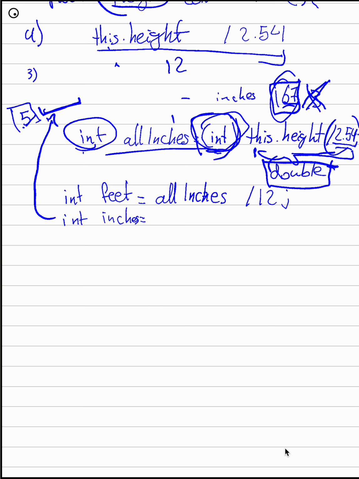Right. So I know that I'm 5 feet and I'm essentially just calculating the remainder of it, which means all I have to do is go back to this all inches and subtract this feet times 12.